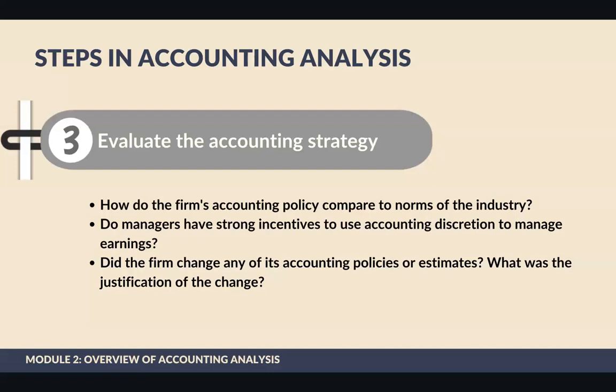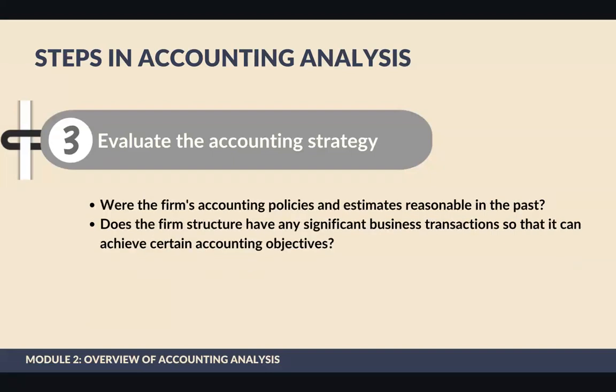All right. Here are more questions usually asked in step 3. Were the firm's accounting policies and estimates reasonable in the past? So if they did change their accounting policies, were the previous policies and estimates instituted reasonable?